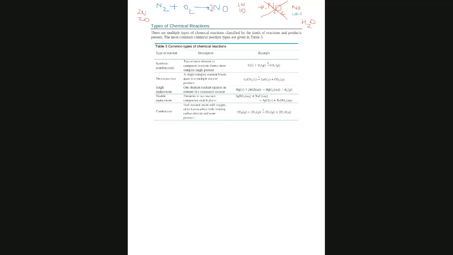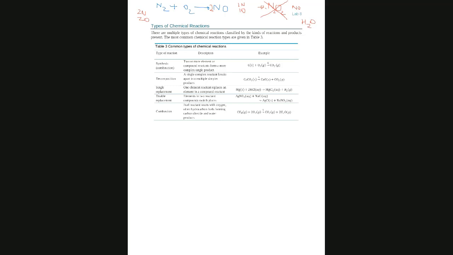And now if we keep on looking at the experiment here, what do we see? It says types of chemical reactions. This is something that you probably went through in lecture, but we need this here.